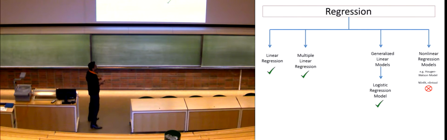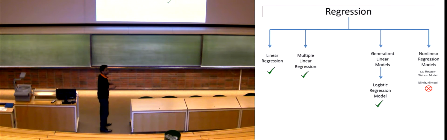Some examples are the Huygens-Watson model, and in MATLAB you can try different nonlinear modeling using the tool shown in the slide. But we don't have time to do that now, and it is very unlikely that you're going to use it. And to be honest, I have not seen any biological paper using nonlinear regression modeling.